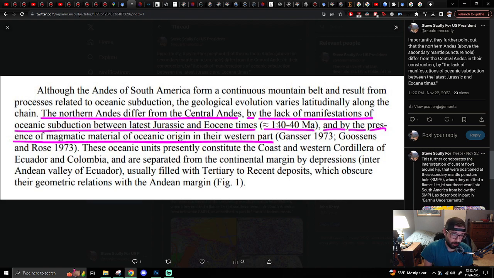So again here, 140 to 40, and by the presence of magmatic material of oceanic origin in their western part. So the northern Andes have magmatic material of oceanic origin in their western part, i.e. these oceanic plateaus, and a lack of manifestations of oceanic subduction between the latest Jurassic and Eocene times. So a lack of in the northern Andes between this time. But in the central Andes, not a lack of.